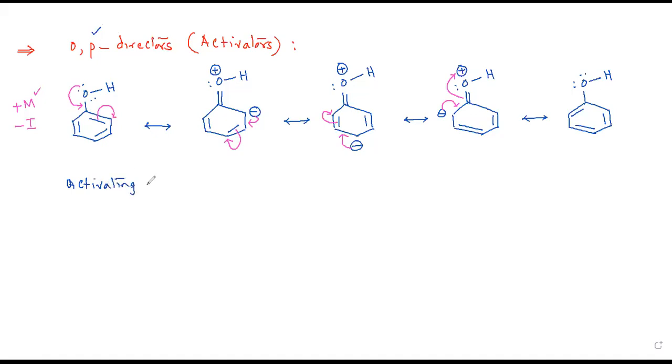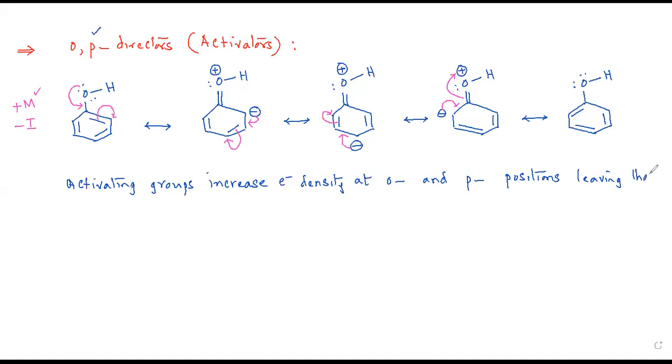Activating groups increase electron density at ortho and para positions, leaving the meta one.